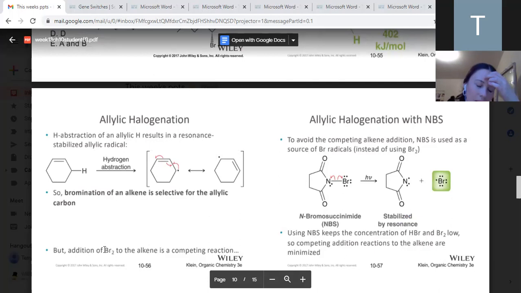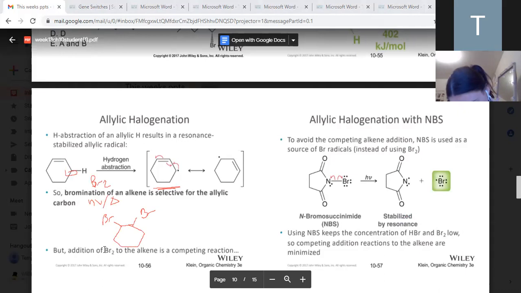So what we have to be careful of is that if I try to add Br2 to here, and I did Br2 and then heat or light, maybe I'll make my radical, or another possibility is that I can add bromines across that double bond. And that's not what I want. I only wanted to add one bromine if I wanted to do the allylic halogenation.